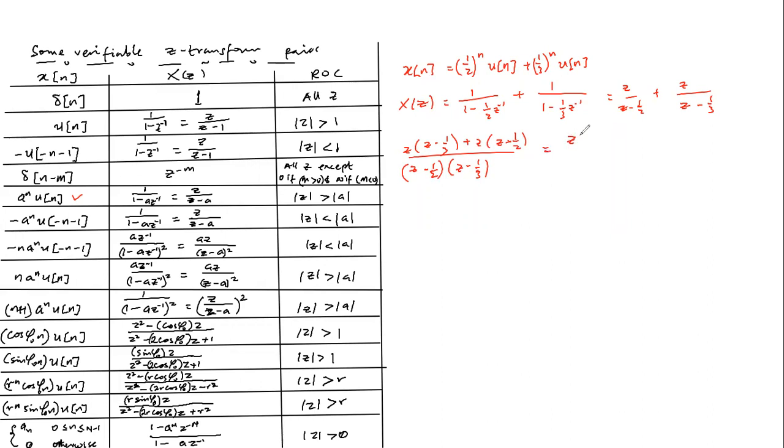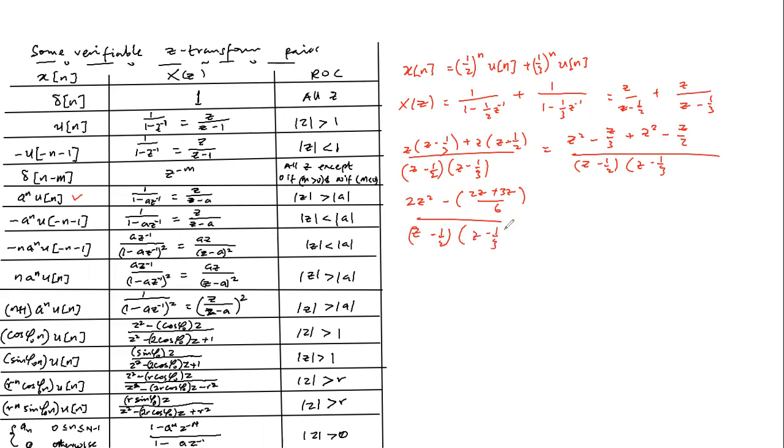So this will give us z squared minus z over 3 plus z squared minus z over 2, divided by z minus 1 over 2, z minus 1 over 3, and to give us 2z squared minus 2z over 6 plus 3z over 6, divided by z minus 1 over 2, z minus 1 over 3, which should be the same as 2z squared minus 5z over 6 divided by z minus 1 over 2, z minus 1 over 3.